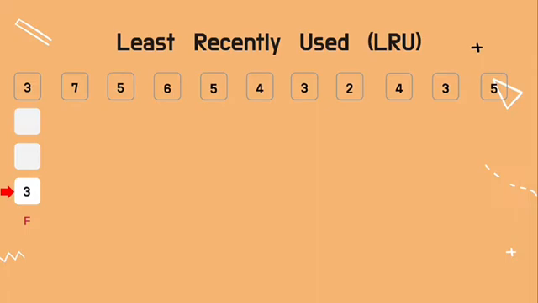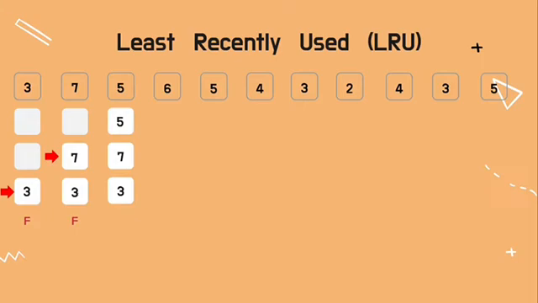Next, we will proceed with the string value number 7. The string value number 7 will take place in the memory frame above the number 3, and there is also a page fault. For the string value number 5, it will occupy the empty space in the frame at the upper part of the frame. There is also a page fault.